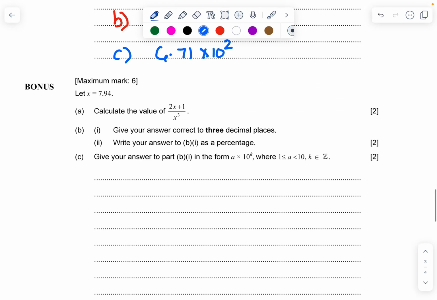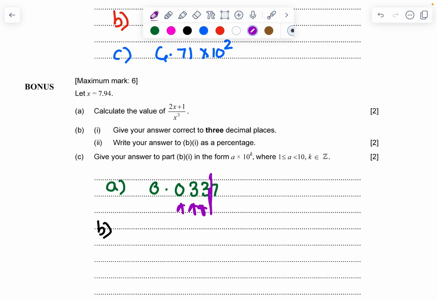A bonus question, if at all you would have done all these 15 questions. So bonus question now, that x equals to this much. Calculate the value of 2x plus 1 divided by x cube. Use the calculator. Directly you should be getting 0.0337. Then part B, give your answer in three decimal places. 1, 2, and 3.